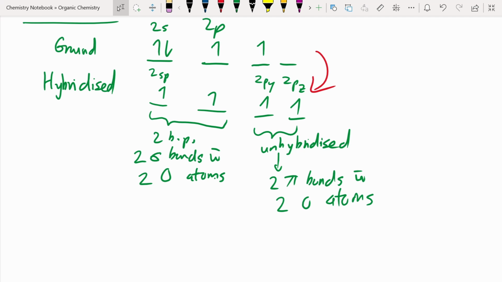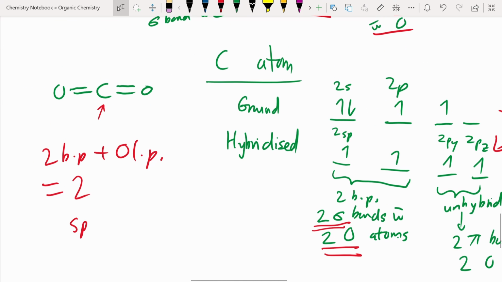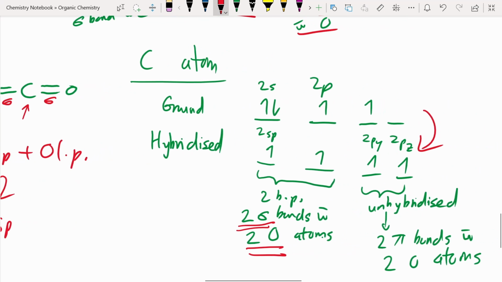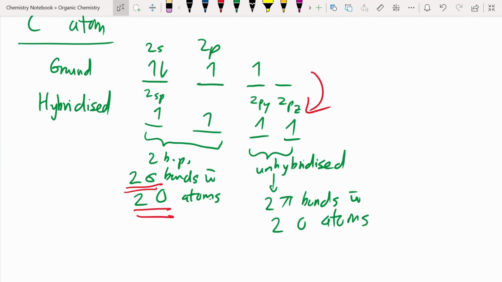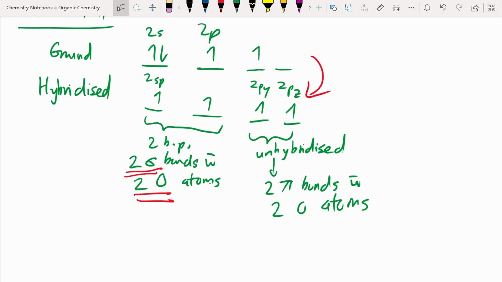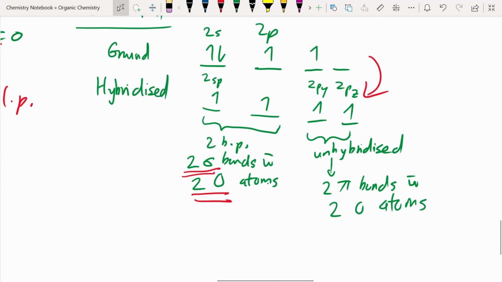These are half filled, so we use them to form 2 sigma bonds with the 2 oxygen atoms. Then 2py and 2pz are reserved to be unhybridized, and form 2 pi bonds with the 2 oxygen atoms.